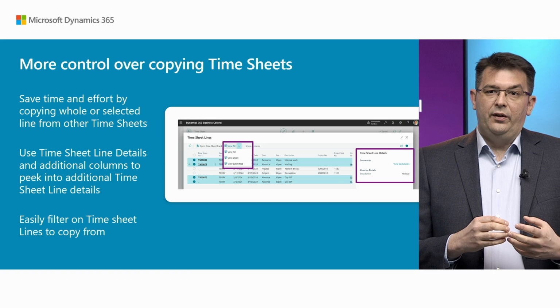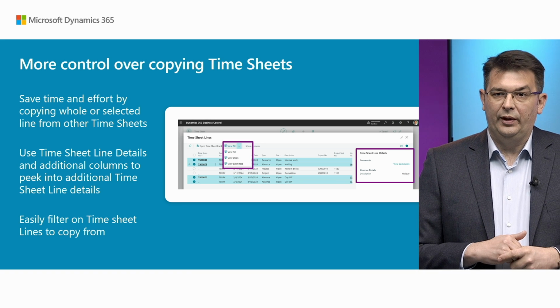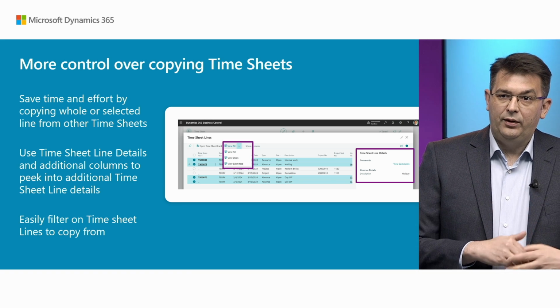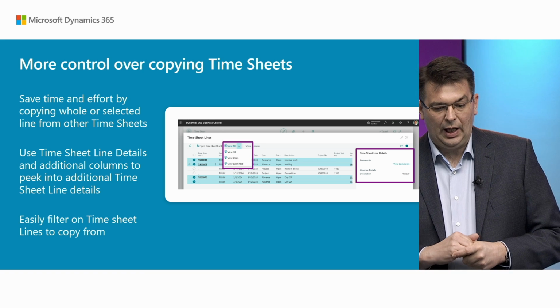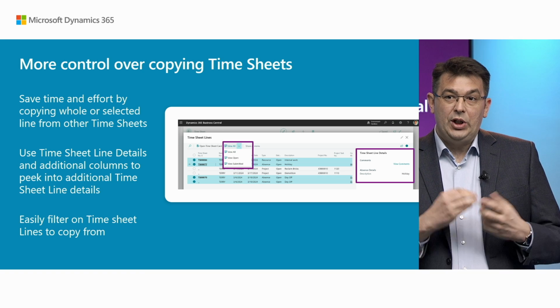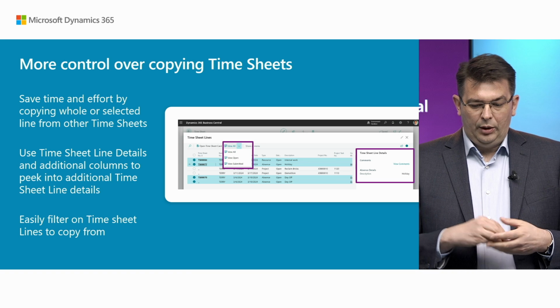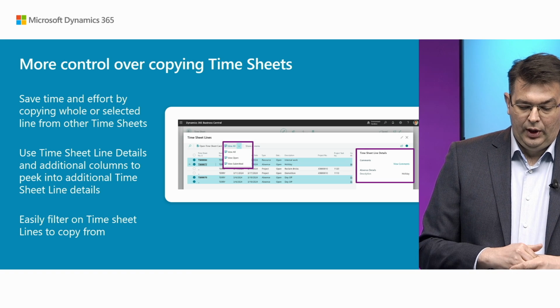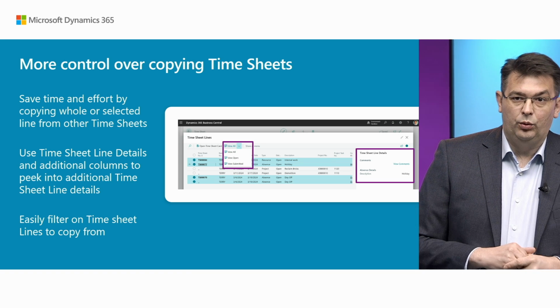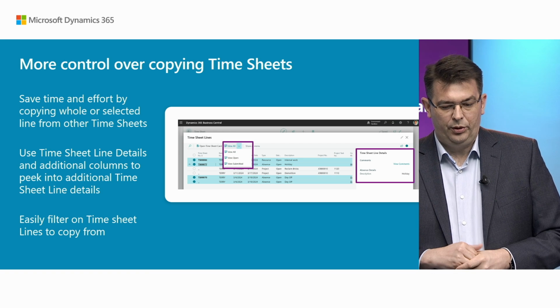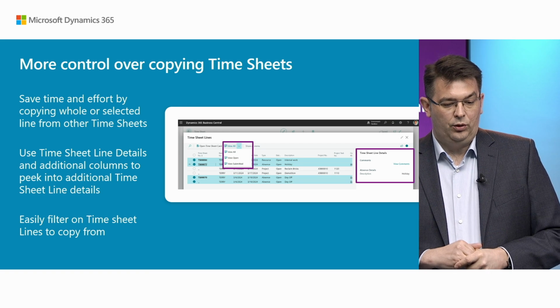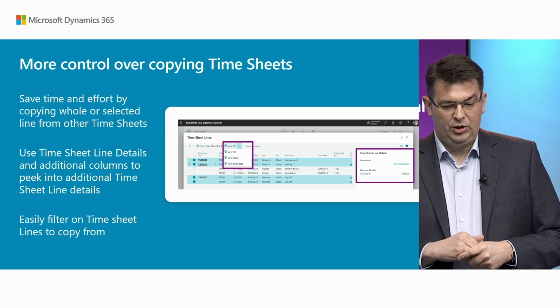Another thing to note is in all of the places where you will see timesheet lines, we have added a timesheet lines details fact box, which actually allows you to peek into the data and the comments that are related to details of either the resource or the project or the tasks that you have been adding to the timesheet lines.